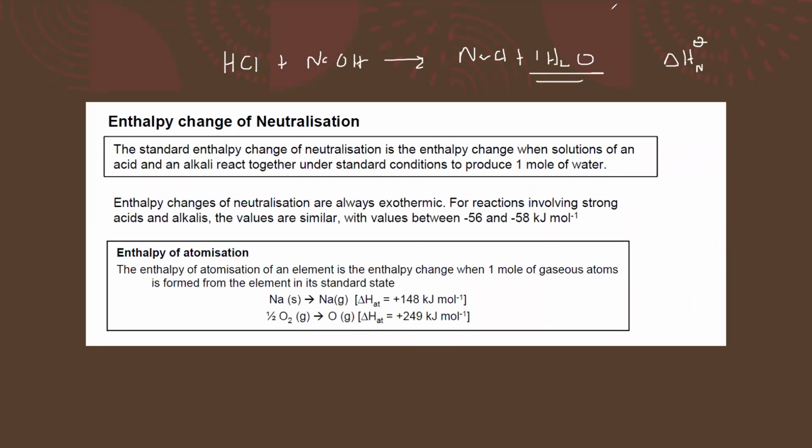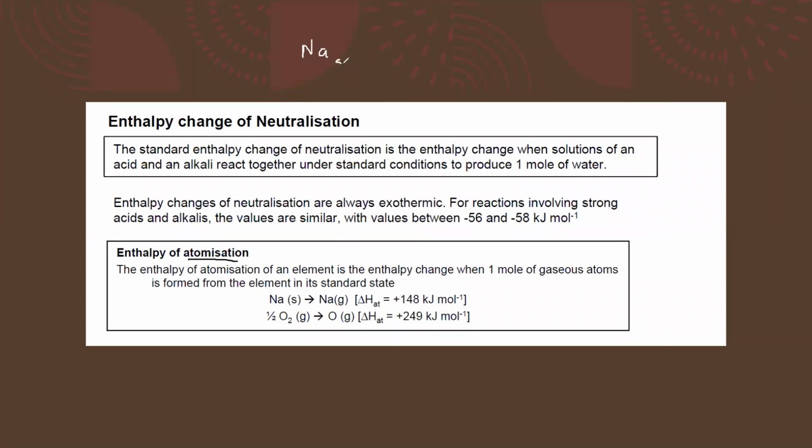And what is the meaning of standard enthalpy change of atomization? The term atomization means when we form 1 mole of an atom in a gaseous state. We call that standard enthalpy if it refers to atomization of an element. For example, sodium is solid at room temperature.